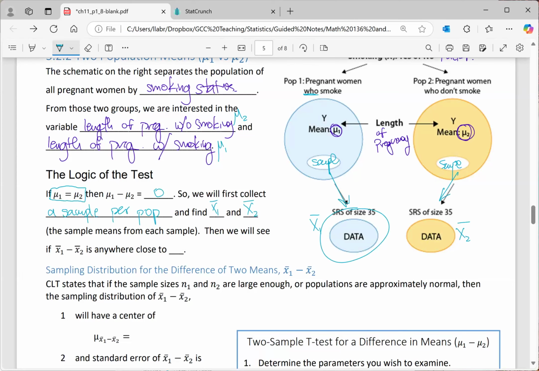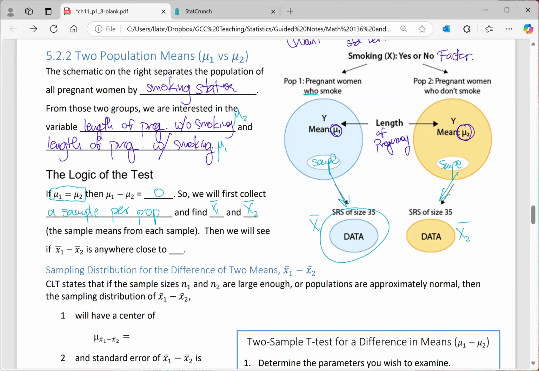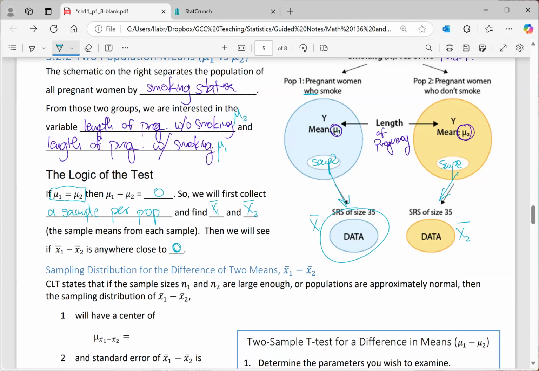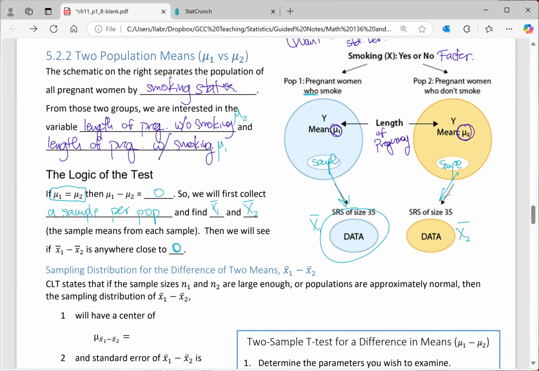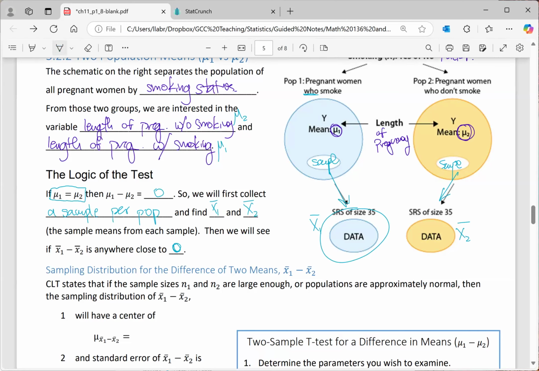Now that I have my sample evidence, if I subtract them, is that statistic close to 0? Is the difference close to 0? Obviously, to answer this question, you need to know the sampling distribution of this random variable, because we will get different differences if I repeat this procedure over and over again.